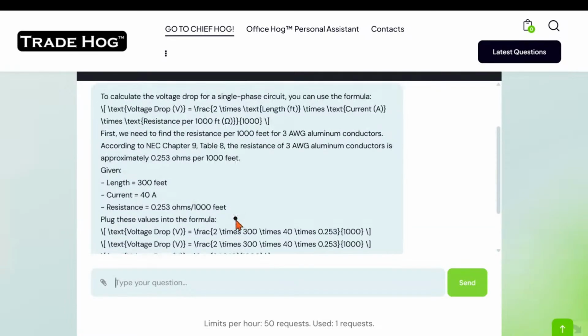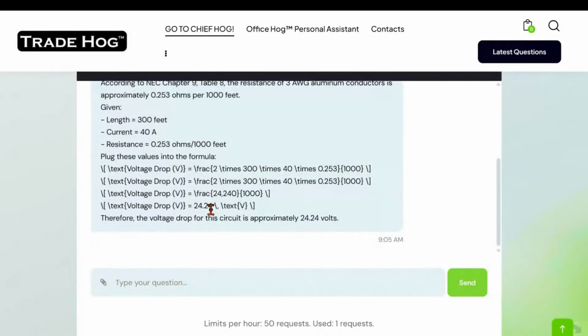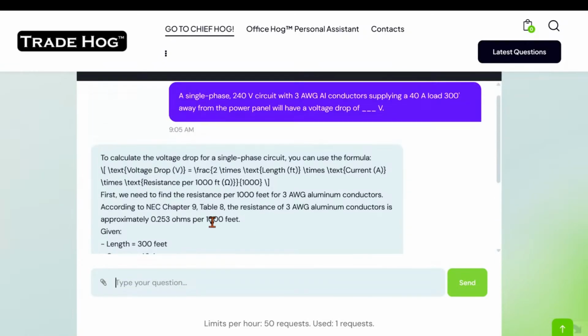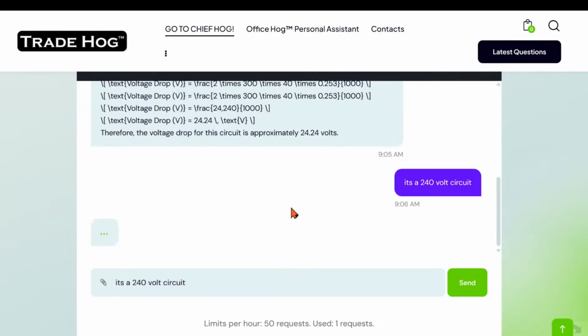So we are going to test the hog and see what the values are, because I believe that we got, oh, wait a minute. It looks like it forgot something here. So hold on, watch this. It's a 240 volt circuit, right?